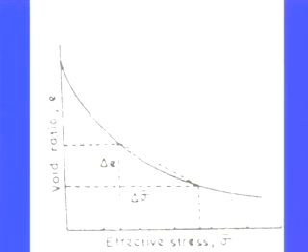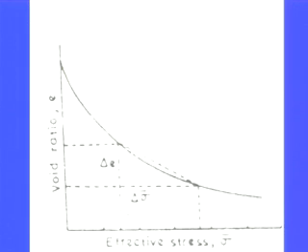This is the void ratio versus effective stress relationship which we get from the consolidation test. From this, at different stresses we find the void ratio, either using the height of solids method or the change in void ratio method, and then we plot a relationship.